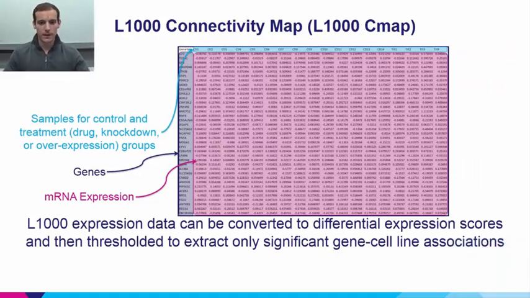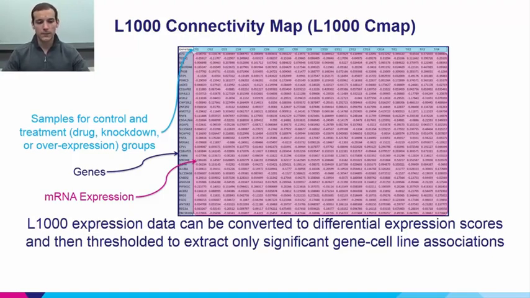And on this next slide, I'm showing just a little piece of the data. Here we have a gene expression matrix like we've seen in a few previous examples. The column labels correspond to particular samples where we're either measuring gene expression in a control condition or in a treatment condition, which again would be a drug treatment or a gene knockdown or gene overexpression. And then the row labels are telling us the genes that we measured the expression of.